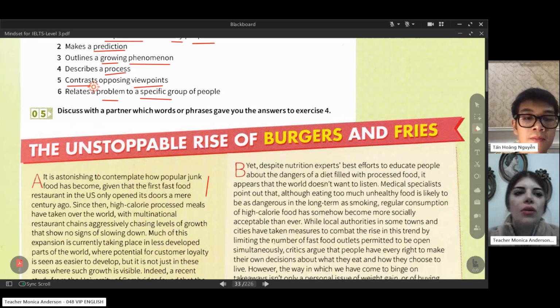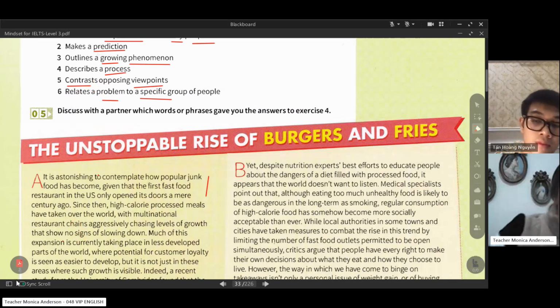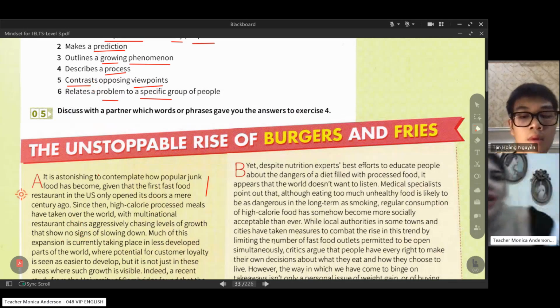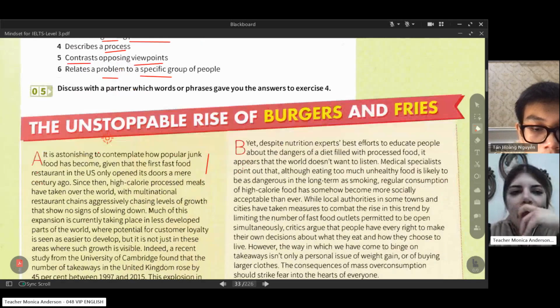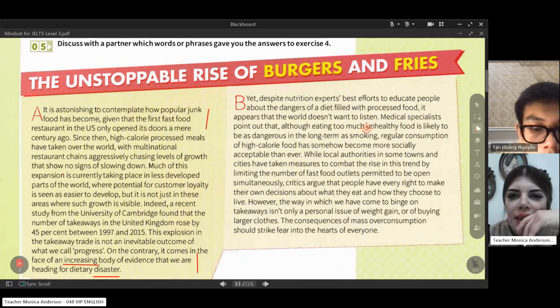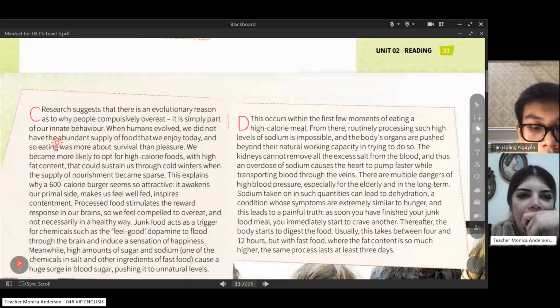I think I. No, because let me show you something. Describe a process, so I'm going to find it. What process? Food? No, this is spice.